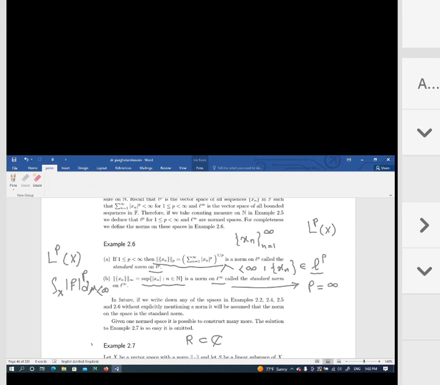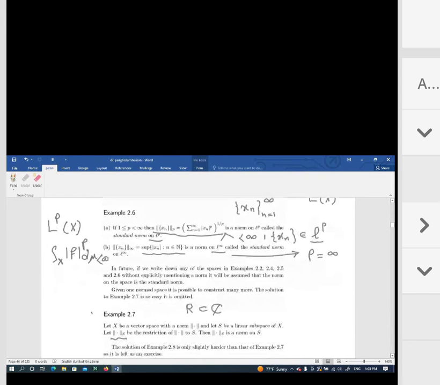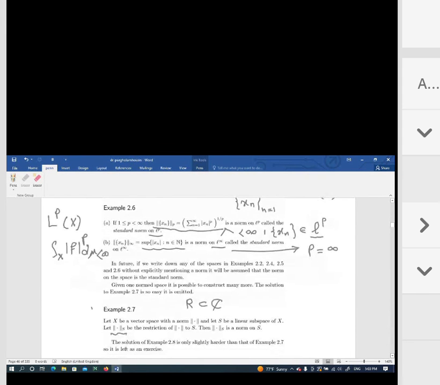So we have l^p for p from 1 to infinity, and a norm on l infinity, which is also a standard norm. These are examples of norms.